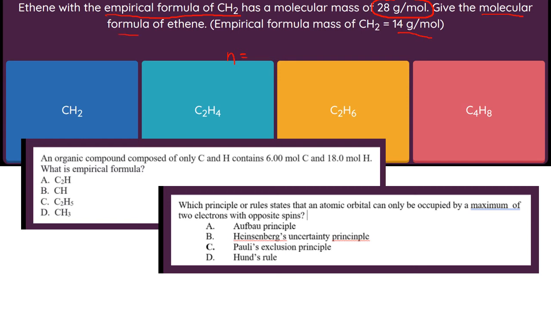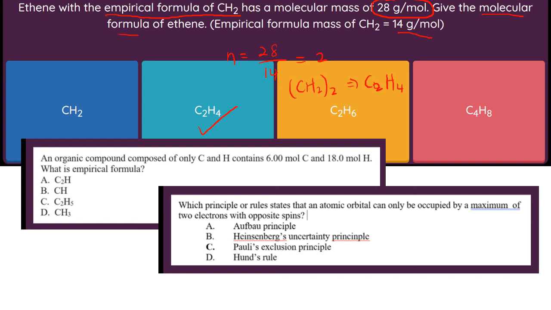How do we get n? We use the molecular mass divided by the empirical formula mass, which is equal to 2. Then (CH2) to the power of 2 gives us C2H4. So the correct option is the green one here.